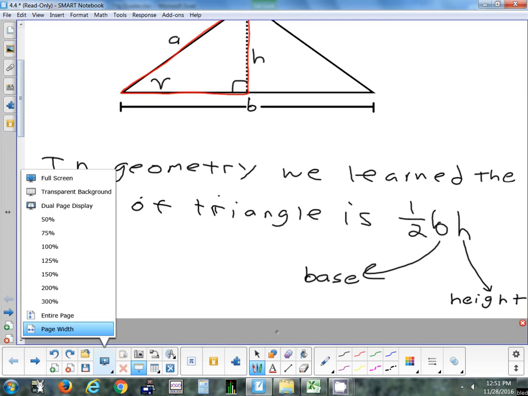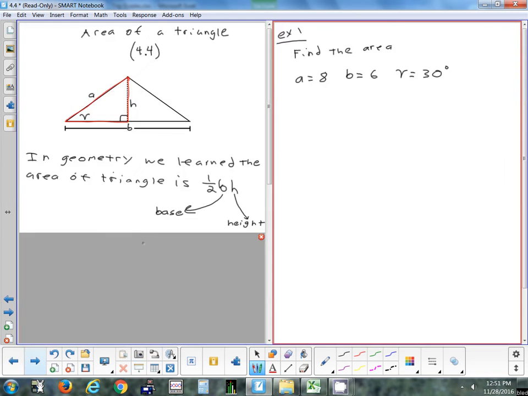But if I gave you a problem like that, find the area of the triangle, and I told you one side is 8, the other side is 6, and the angle is 30 degrees, well, 1/2 base times height, that formula doesn't have a spot to utilize that information.